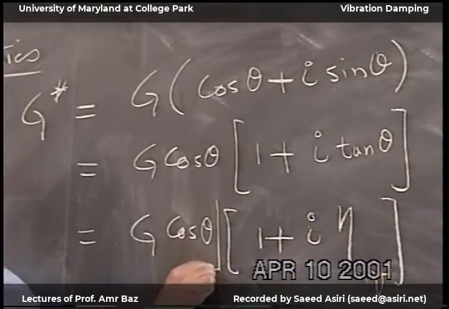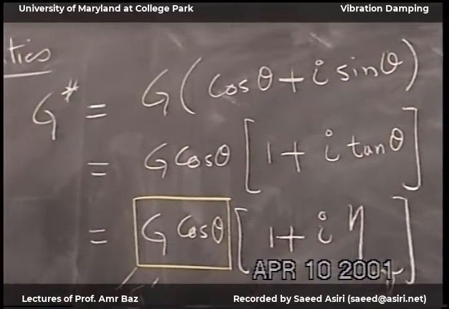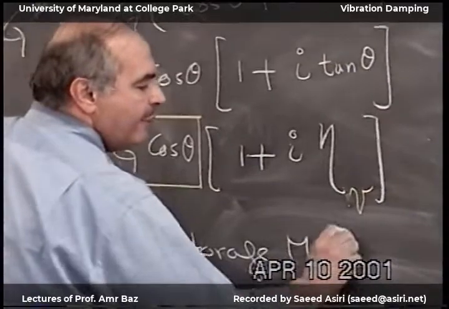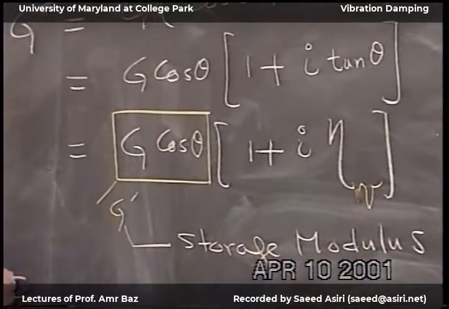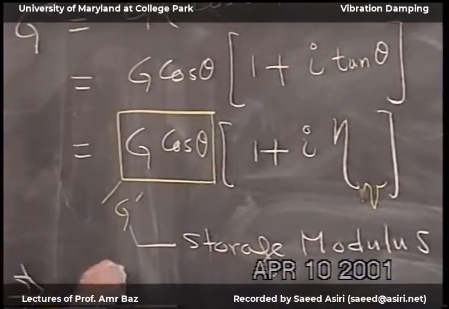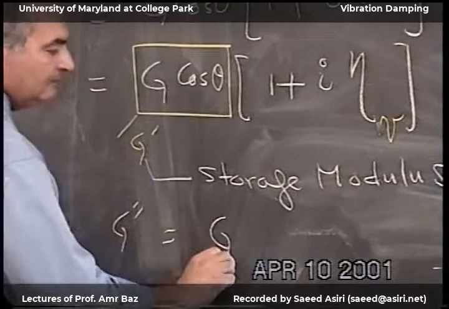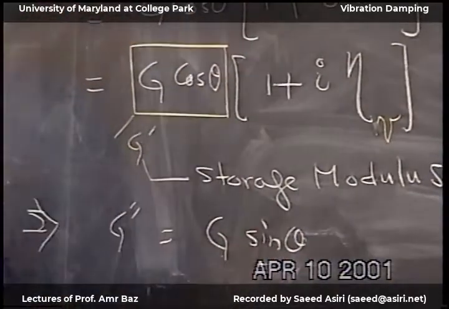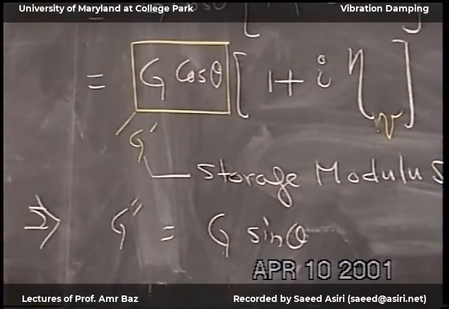This number is the G prime, and this is the storage modulus. Then accordingly, G double prime is equal to G sine theta. So that's the first one.